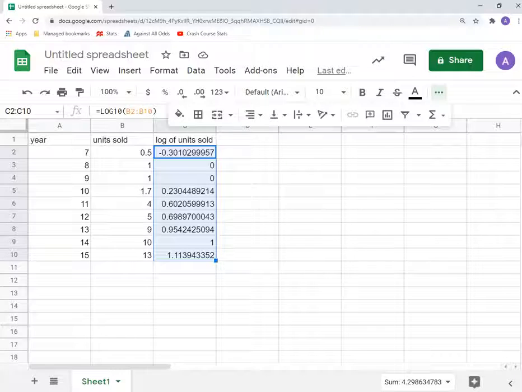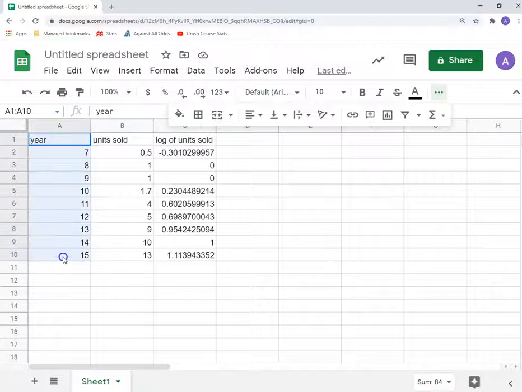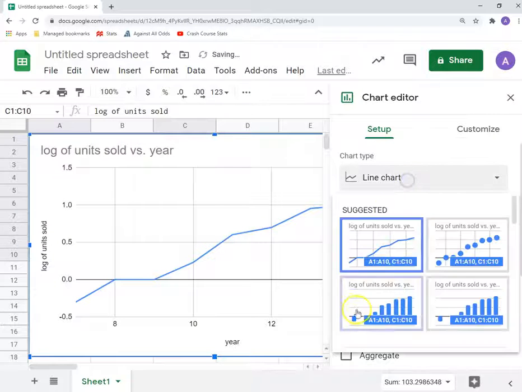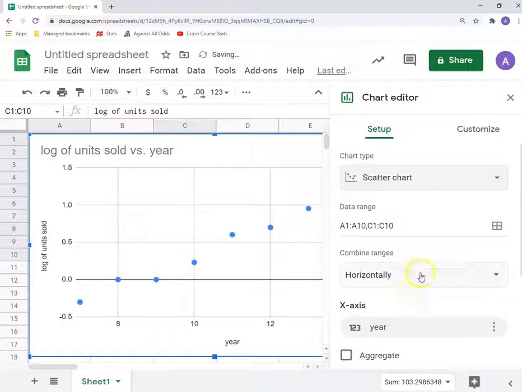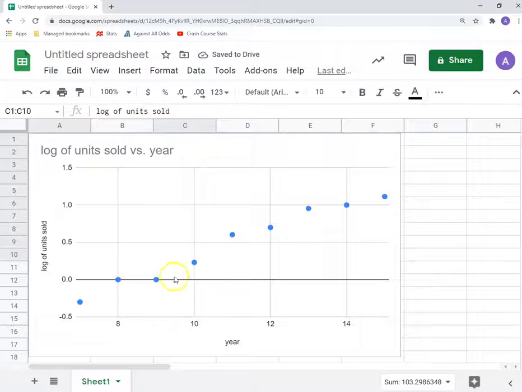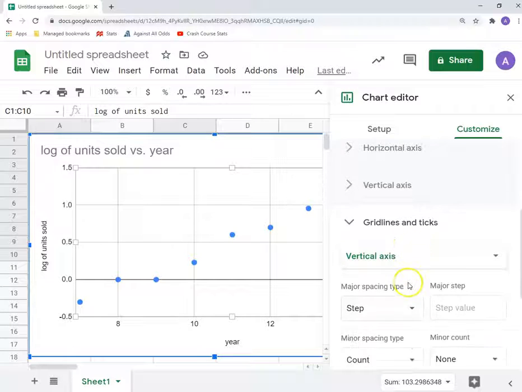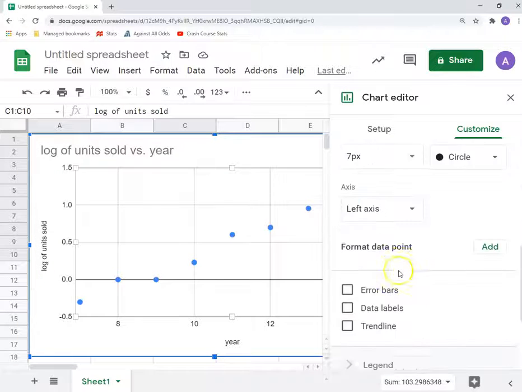So are we gonna be doing log of years sold and years after 2000 for the next one? Next chart? Yeah, for the next scatter plot, you're going to highlight year and log of units sold. Make your scatter plot. It's not perfect, but it's definitely more linear than it was. Then we want to add our trend line to it.